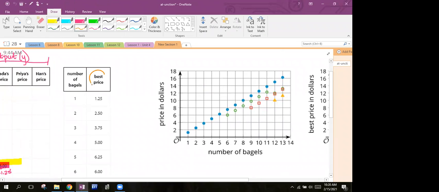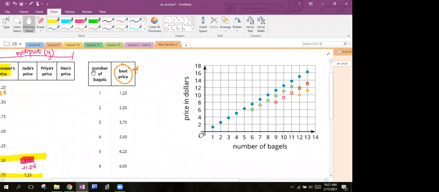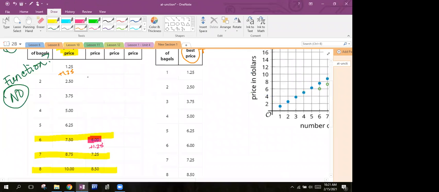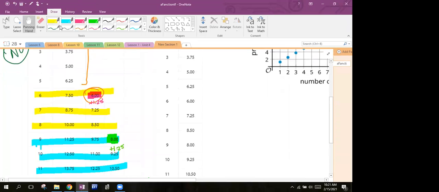This time, they gave us the best price instead of all the prices. If we went back to this one, for 1 through 5, that's all the same. But then when they got to 6, they chose which the best price was. When they got to 7, they chose the best price. 8, the best. 9, the best. And that's what they ended up with in the table.